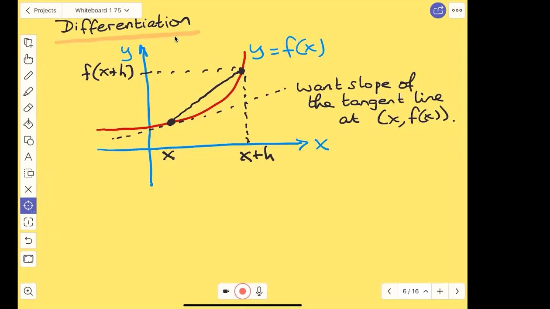And we say, well, of course, the slope of this line is not the same as the slope of the tangent line, but if we make this smaller, if we come in to here, and then to here, and then to here, our hope is that our function is such that this has a well-defined limit.